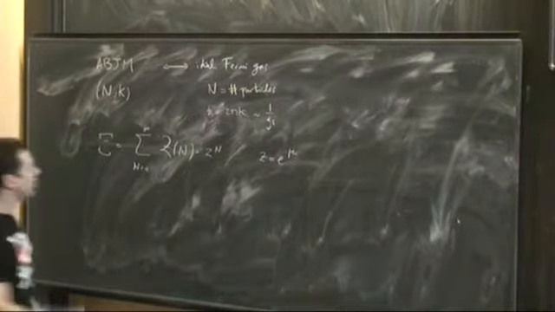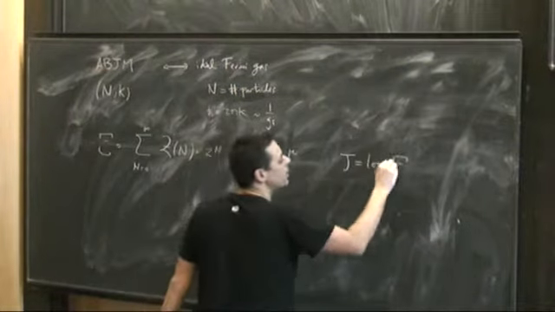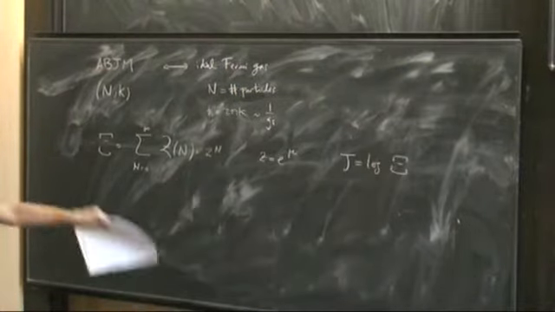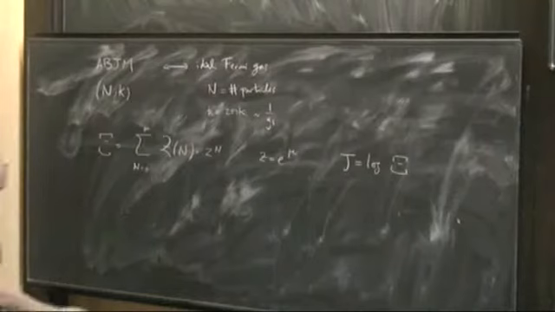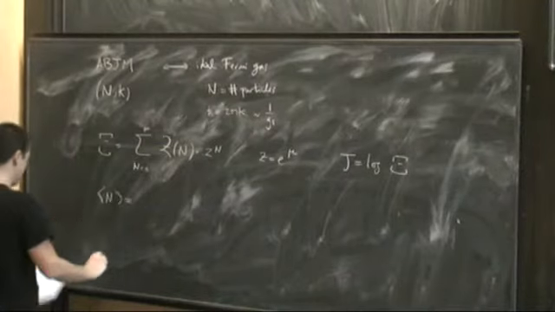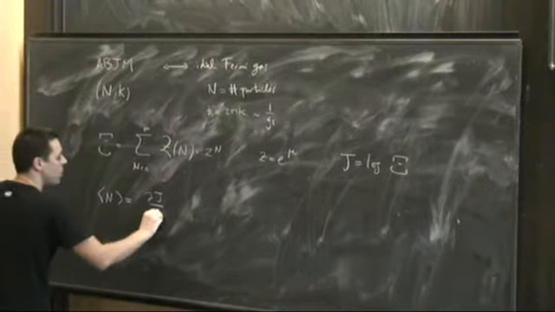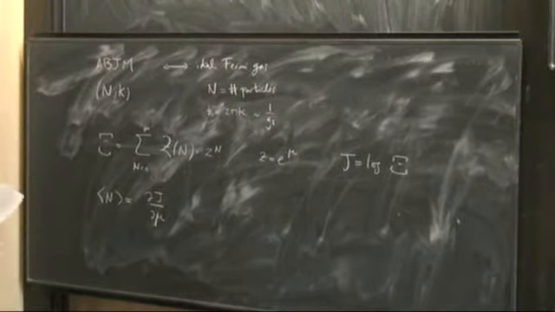Now, the grand potential, these are again all the standard formulas, is the log of Xi, which is the grand partition function. Here the number of particles is fluctuating. We have an average N, which you can compute as the derivative of J with respect to mu. It's going to be an important formula later on.